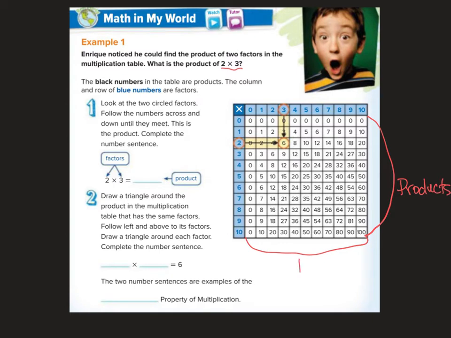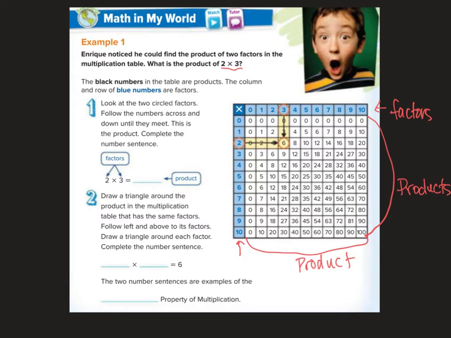We've got products all over. Now these blue numbers along the edges are the factors. It would be good for you to write this into your book so that you can always look back and double check and refresh your mind.